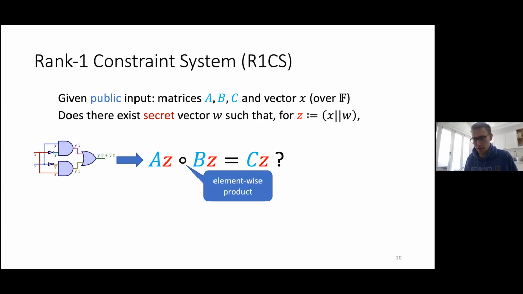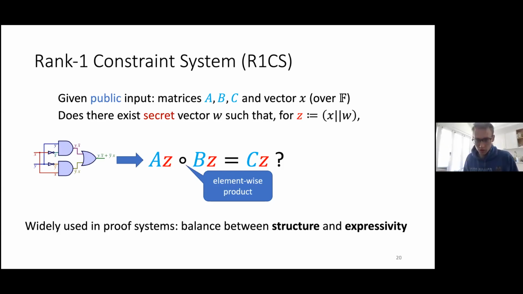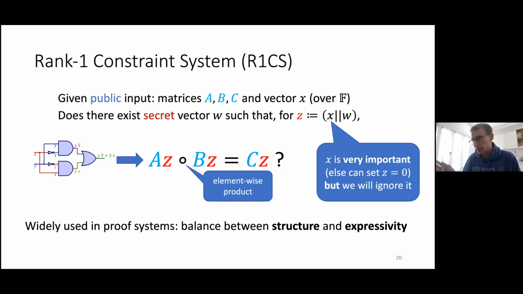And then the public inputs become the vector X. So it gives you a really good balance between structure and expressivity. And X is really important because it defines the public inputs, but for simplicity, we will ignore it in the future, but just be aware that we can actually make this work even if we don't ignore X.